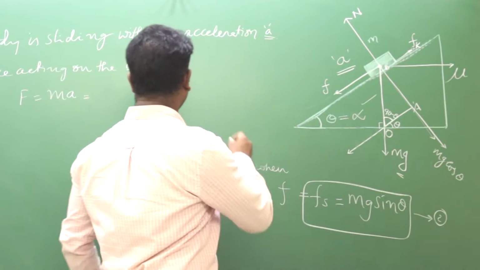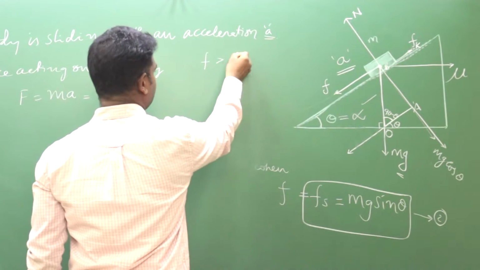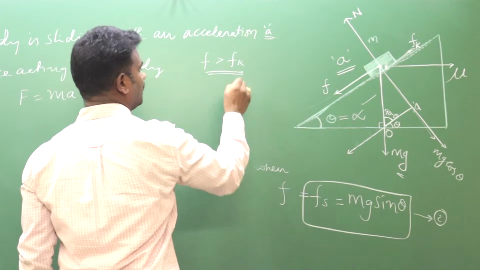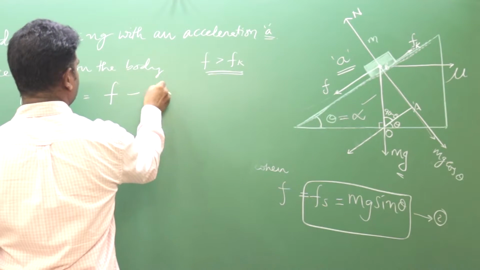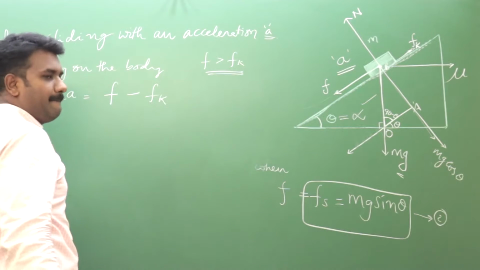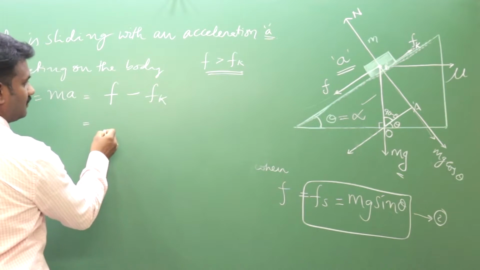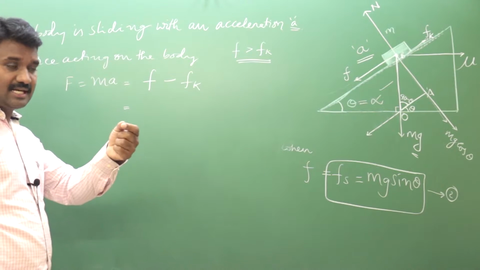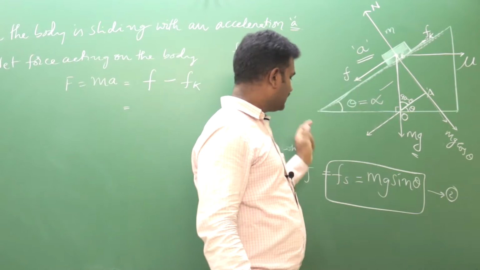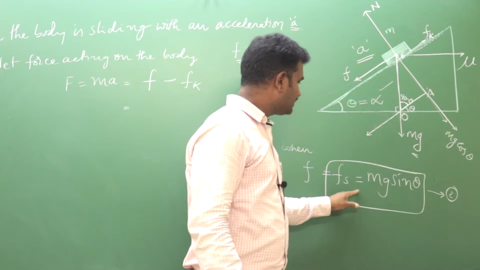As F is greater than Fk, that's why the body is sliding. So the net force is nothing but F minus Fk. What is F actually? F means the force which is acting along the incline in the downward direction, that is mg sin theta.